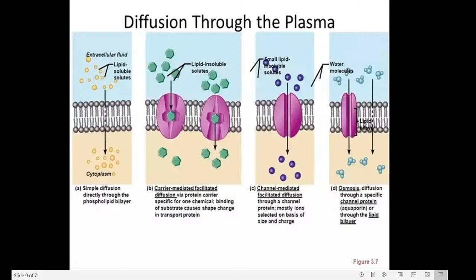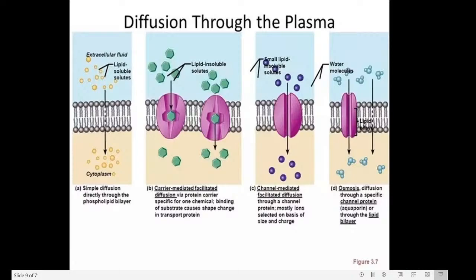These are the four different kinds of diffusion in the cell. How does a lipid soluble molecule enter the cell? Because the cell membrane is made up of lipids, it is easily attracted by the lipids, so it enters the membrane and moves to the cytoplasm.